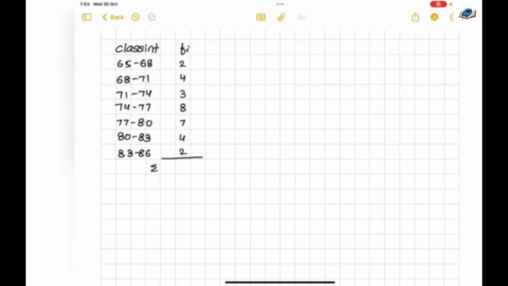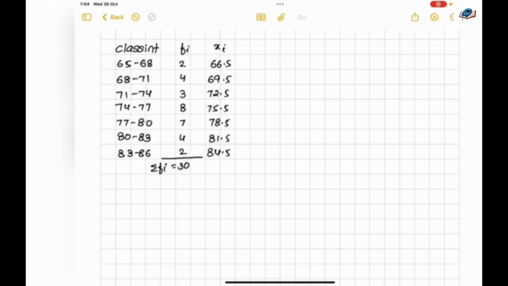So total sigma fi, total women who were examined, were 30. Now xi, if I add the lower limit and the upper limit and divide by 2, I am getting 66.5, 69.5, 72.5, 75.5, 78.5, 81.5, and 84.5.